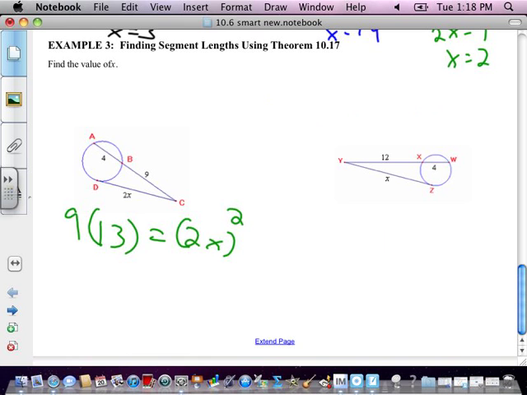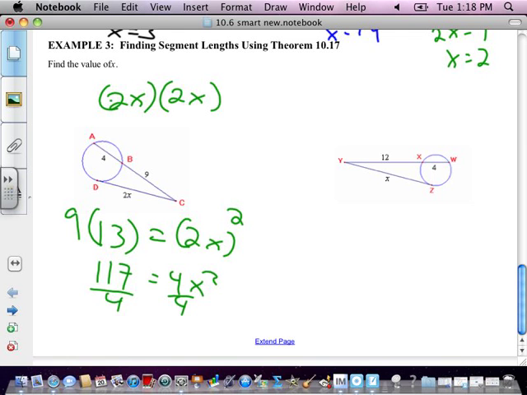So we get 117 equals 4x squared. Divide by 4. Because 2x times 2x is 4x squared. So I got 2x times 2x. So 2 times 2 gives me 4. X times x gives me x squared.